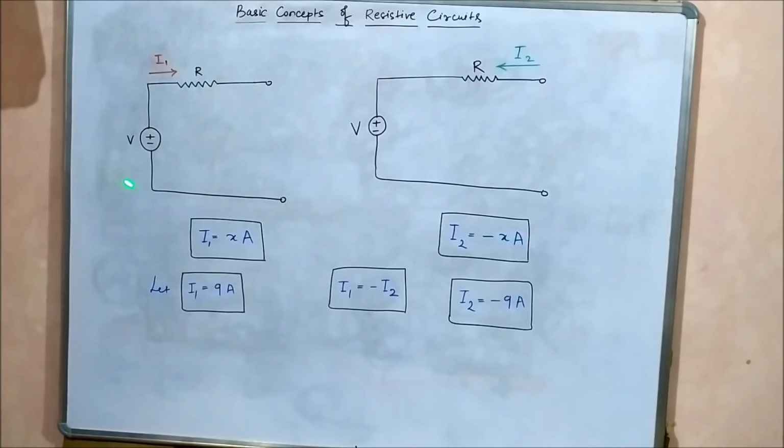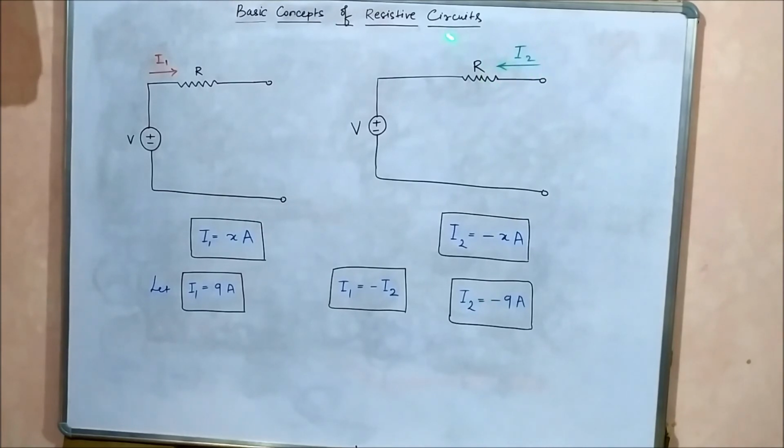Let's say the value of current in this circuit in this direction is 9 ampere. Then if we reverse the direction of the current, the magnitude will stay the same, but we will get a negative sign. It will be minus 9 ampere. Here it is plus 9 ampere.